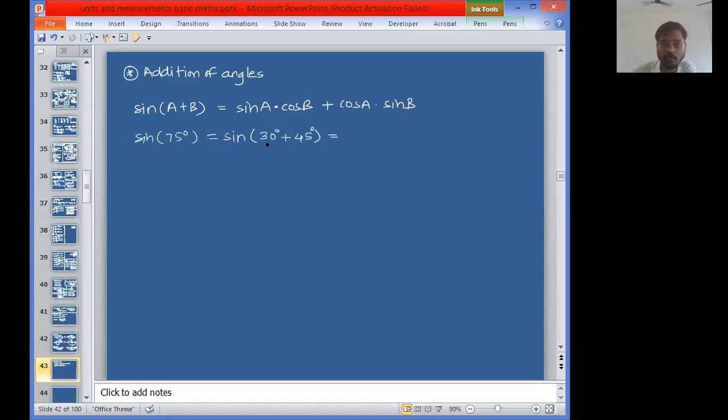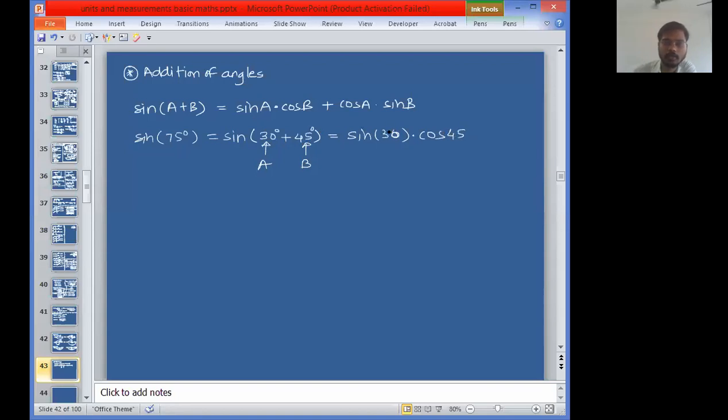But sir, this is sine of A plus B. This is A, this is B. So sine of A plus B: sin A means 30, multiplied by cos B, B is 45.